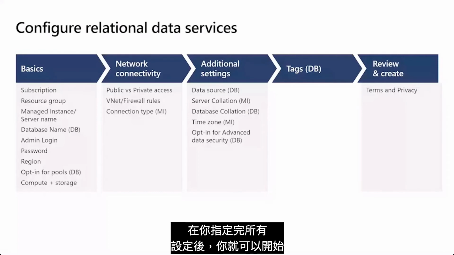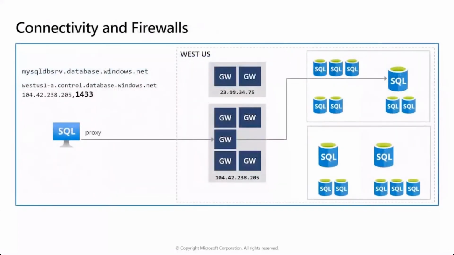After you've specified all these settings, you can then go and create, which will then provision the data server for you. There are also additional settings and network connectivity settings that you can specify upon provisioning your databases, but you can also modify and update these settings once you've provisioned your databases and your data servers.